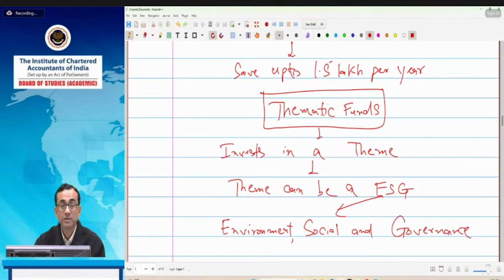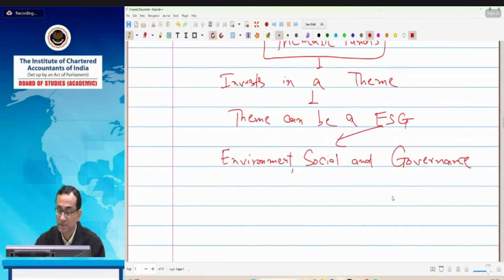Now it is mandatory for some companies to comply with ESG. So say a mutual fund's theme is ESG and it wants to invest in those companies which are doing comparatively well in ESG.